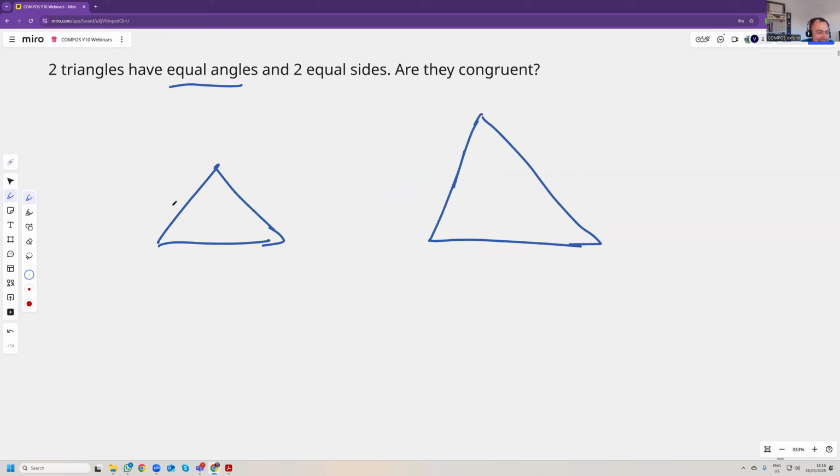I had it in my head and then it slipped. So basically, if you have three angles equal, so this angle is equal to this angle, and this angle is also equal. And let's say that this side is 3, and this is 6, and this is 6, and this is 12.